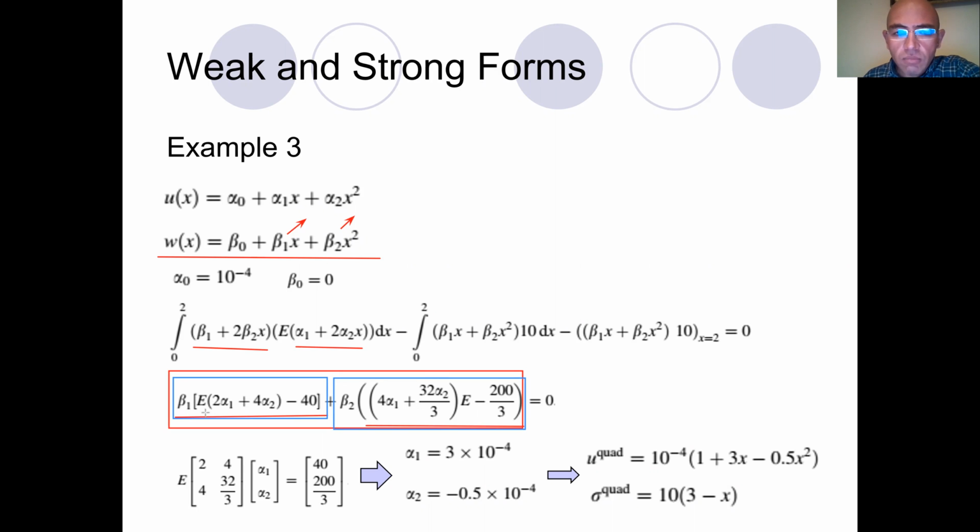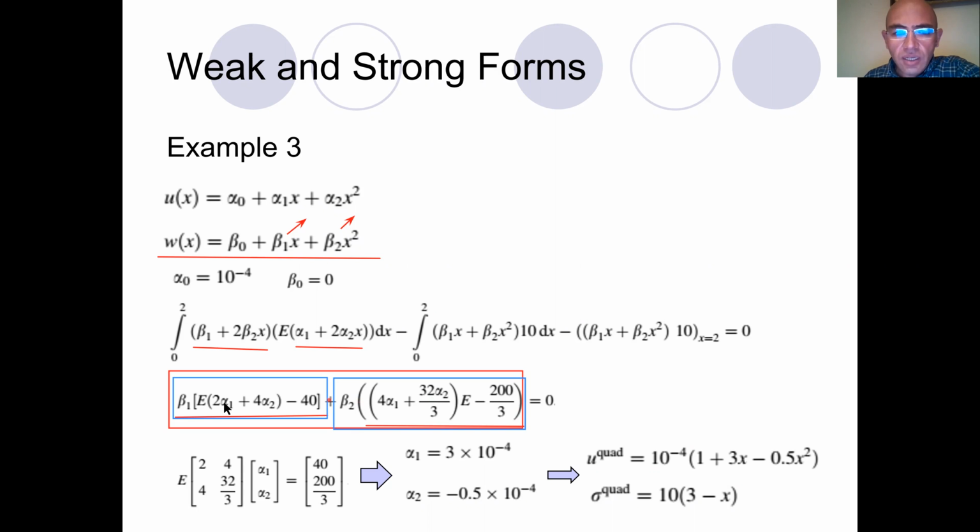So beta 1 multiplied by 2 alpha 1 plus 4 alpha 2 minus 40 has to be 0, and beta 2 multiplied by 4 alpha 1 plus 32 alpha 2 divided by 3 minus 300 divided by 3 has to be equal to 0 independently.